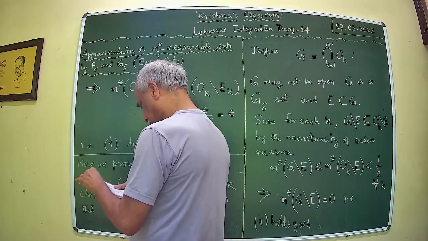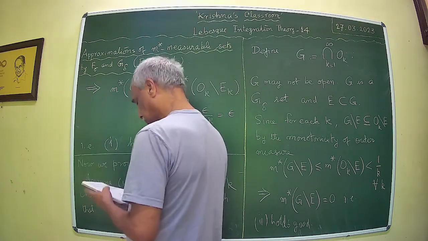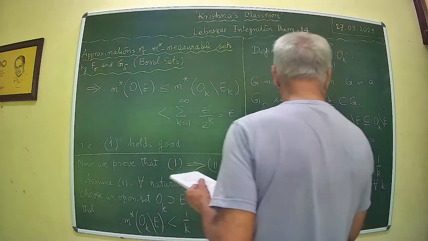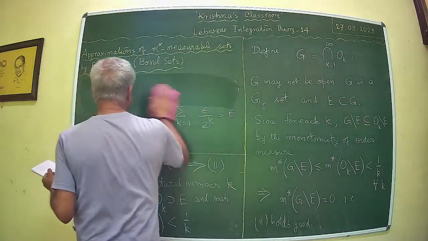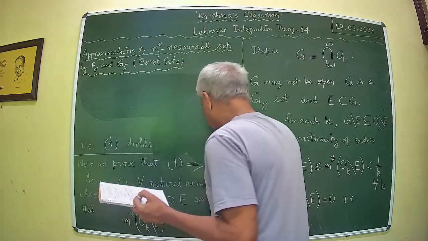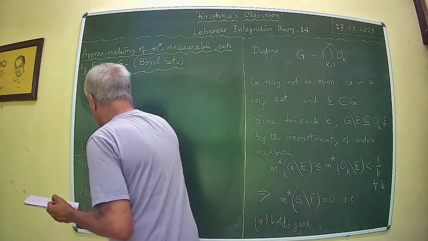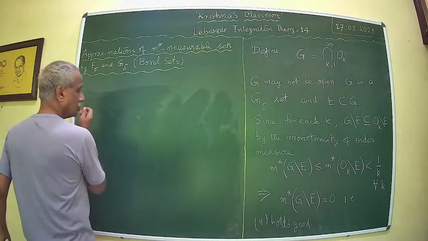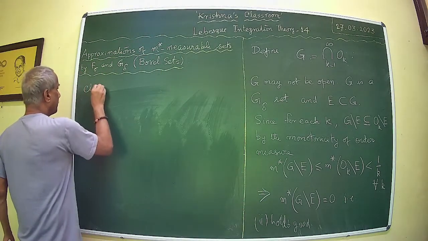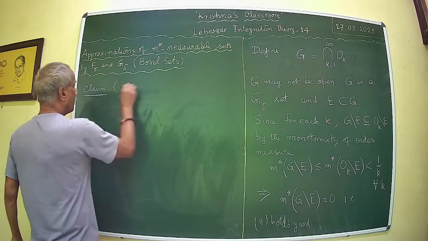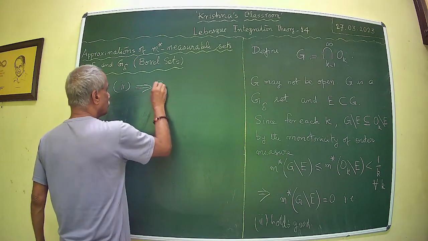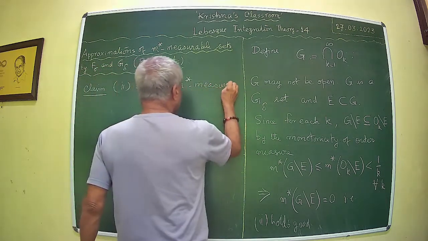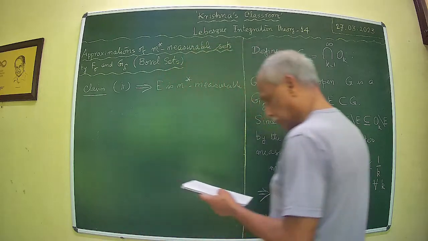Now what we want to prove is that 2 implies measurability of E. So the next claim is that E is measurable.